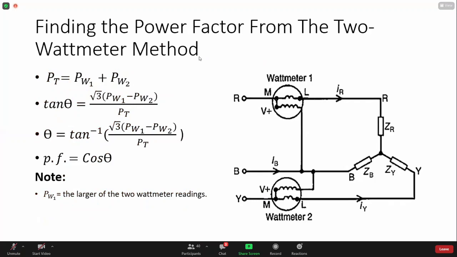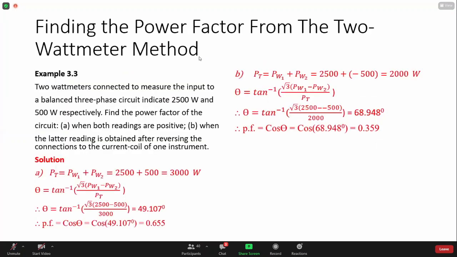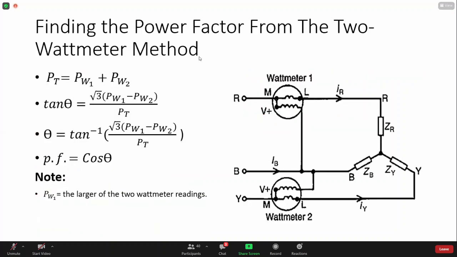Now, we can actually find the power factor of the system by using the wattmeter readings. These formulas tell you how to do it. The book has some proof, but I don't think you really need to know the proof.